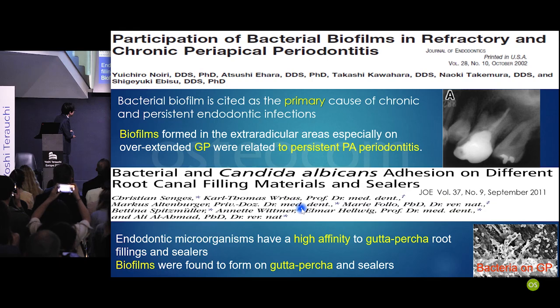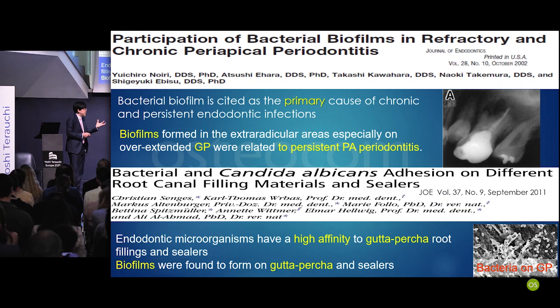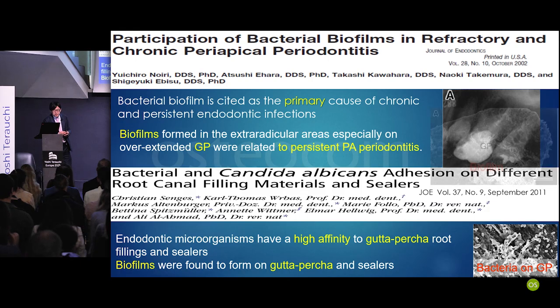They also located biofilms on gutta-percha and the sealer. So gutta-percha can be easily contaminated with bacteria, biofilms. Why in retreatment do you use gutta-percha and sealer? You know biofilm can form on gutta-percha and the sealer. Don't use a material that allows bacteria to form biofilms.